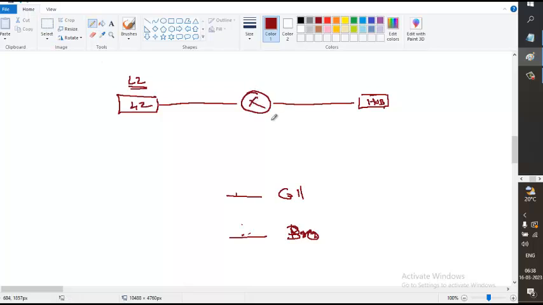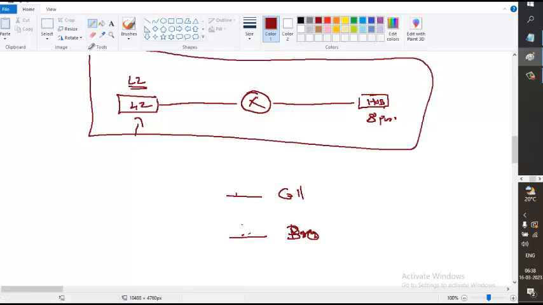Yeah, this is 42 port, and this is an 8-port hub. Now, what is the total number of collision domain and broadcast domain in this topology? And the whole thing? Yeah, all.